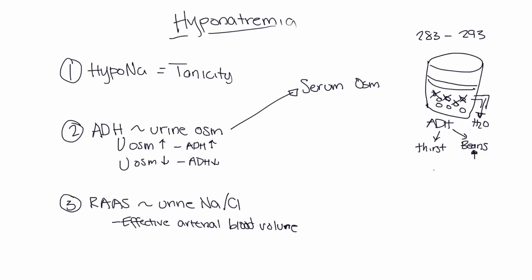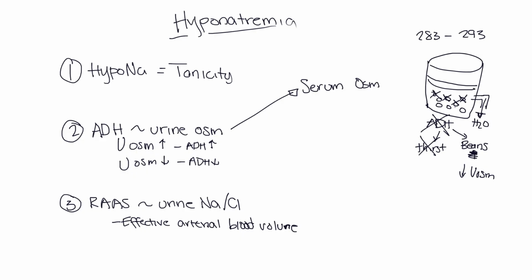And how does it do that? Well, ADH shuts off, and we shut off our thirst, and the kidneys start making low urine osmol or very dilute urine so that we pee out as much water as possible, and we reconcentrate our serum osmoles.